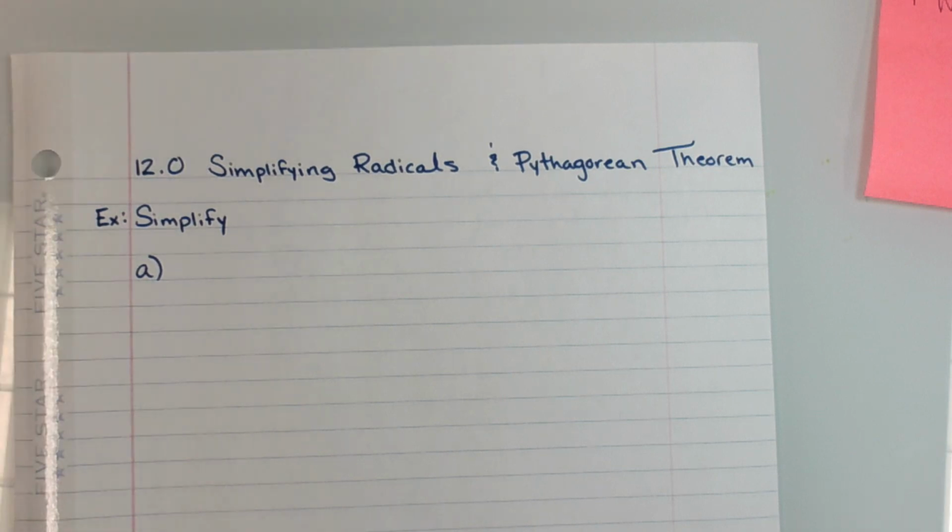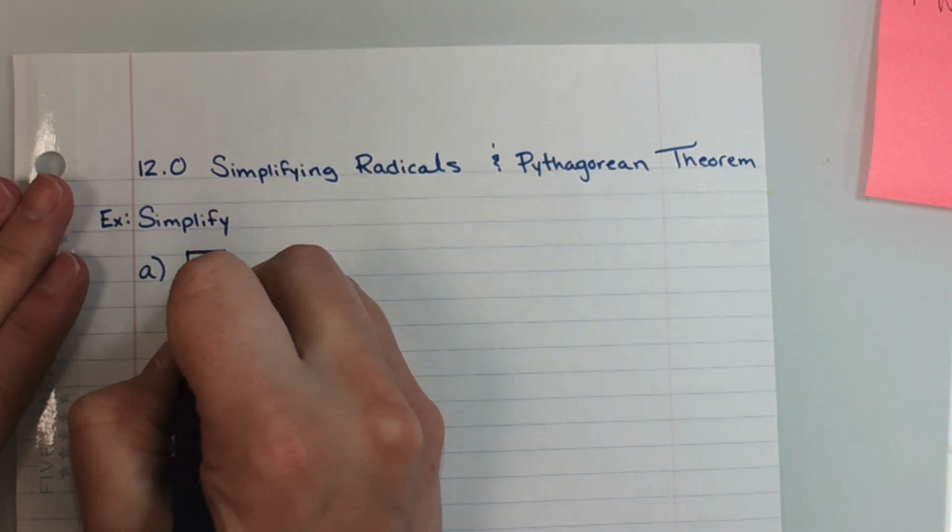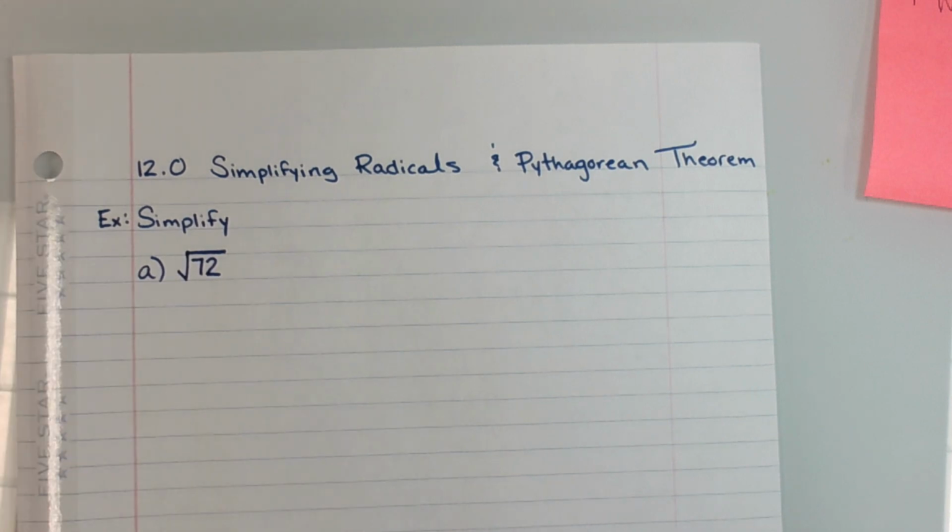Now, oftentimes when people think simplifying a square root, such as the square root of 72, their first instinct is to go to the calculator, type in square root of 72, and give me the answer being 8 point something. No, that's evaluating a square root. Evaluating means give it to me as whatever number it is.